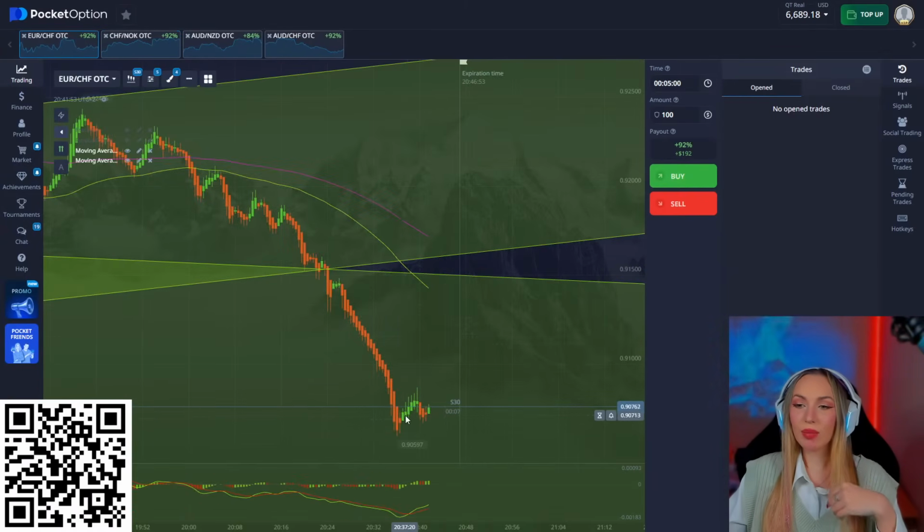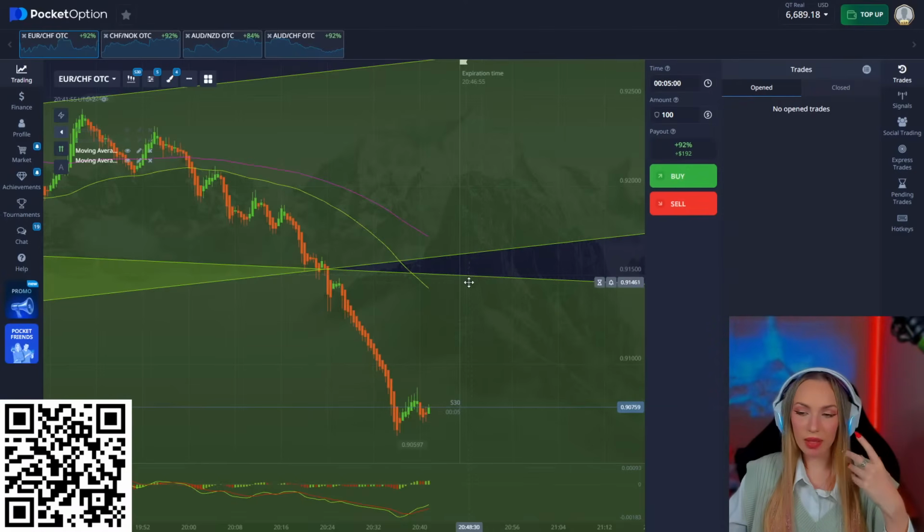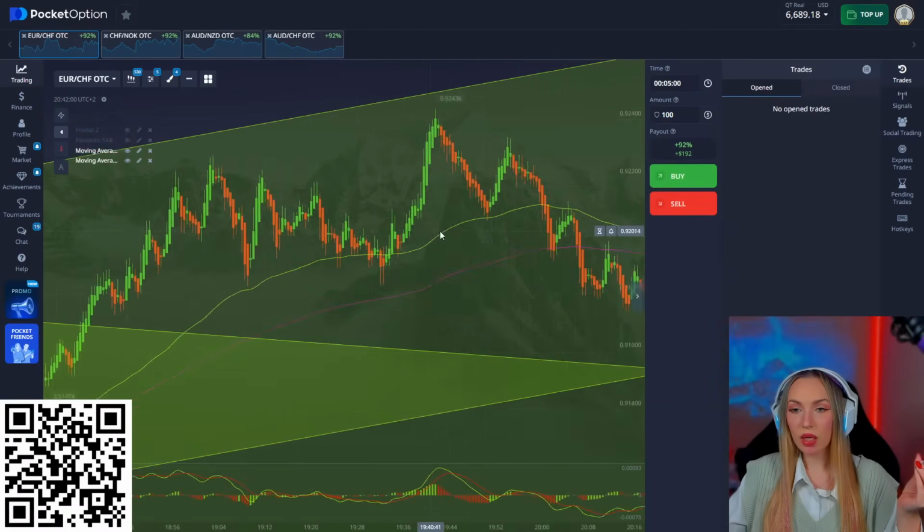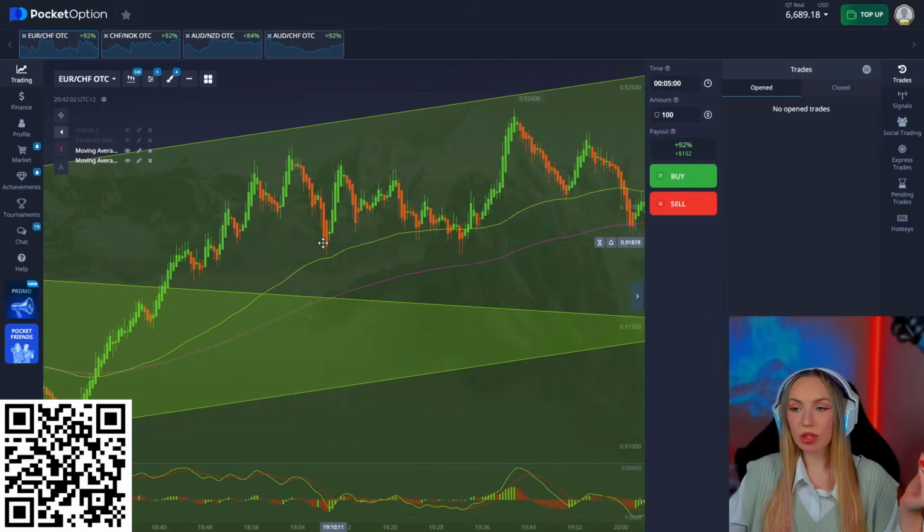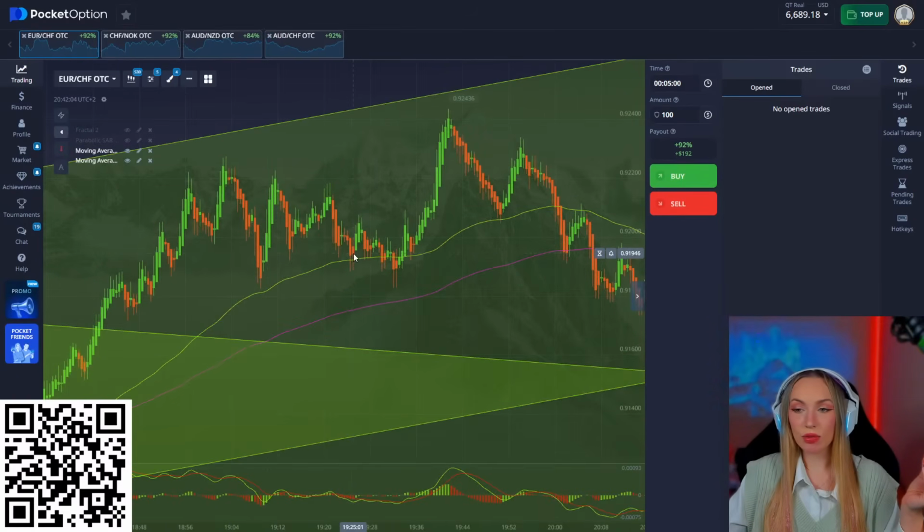This one actually can become lateral. That's also one of the reasons that I'm not opening the trade here, because it can become a lateral, like here, for example.